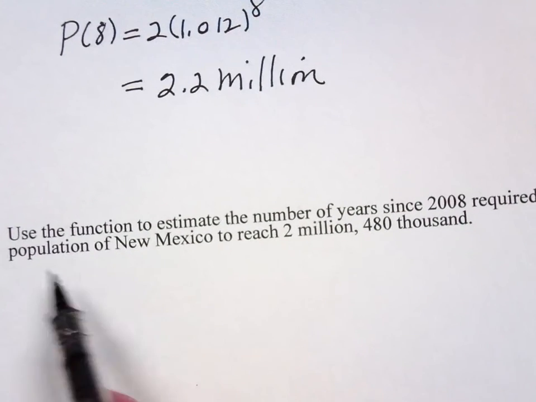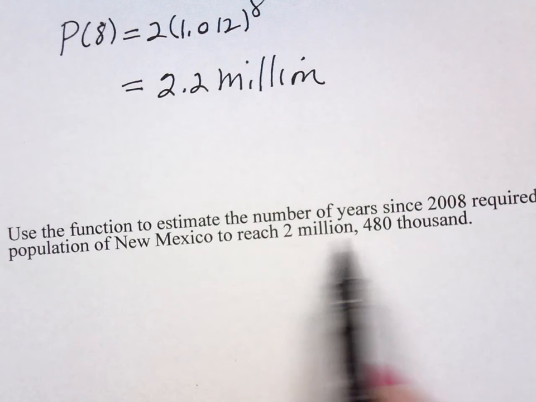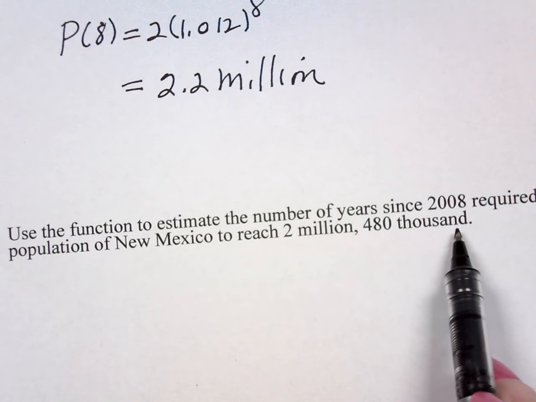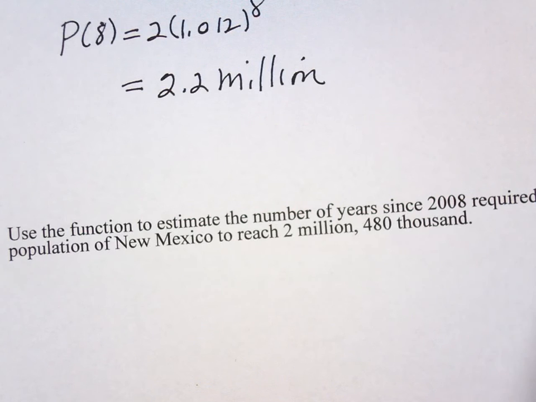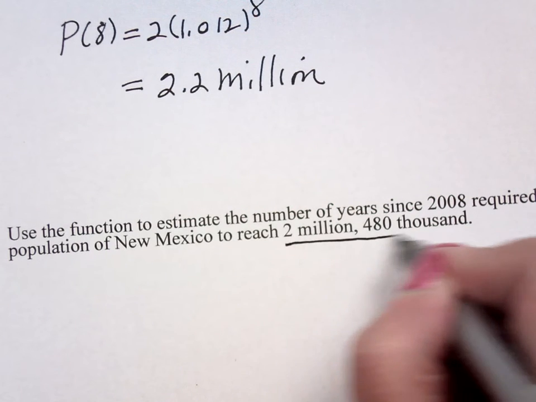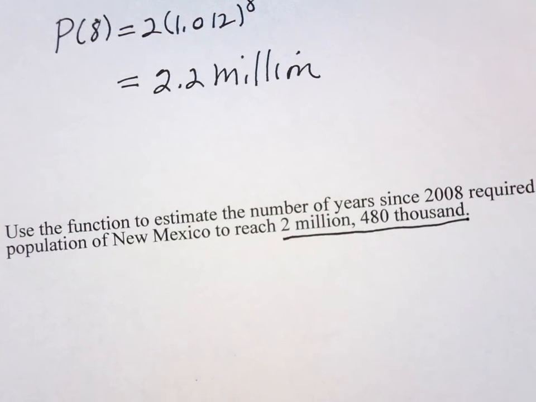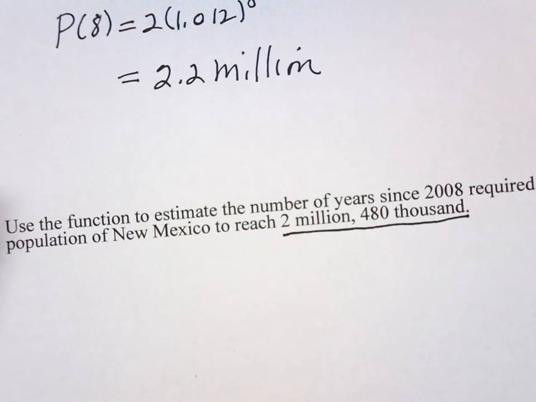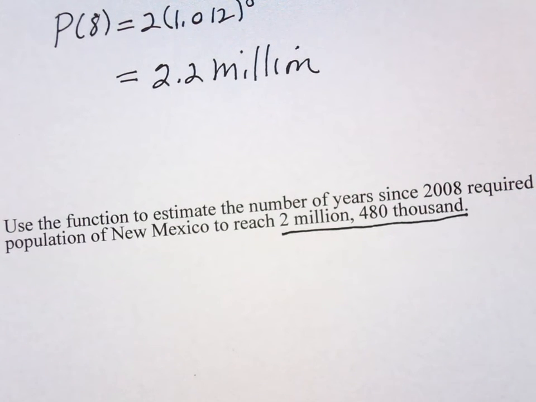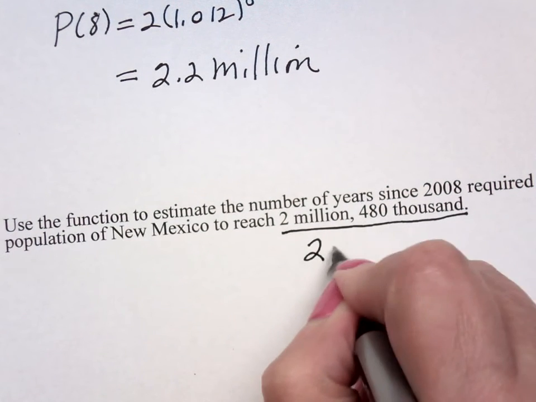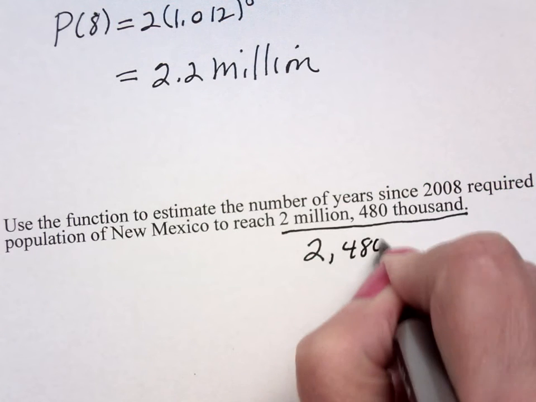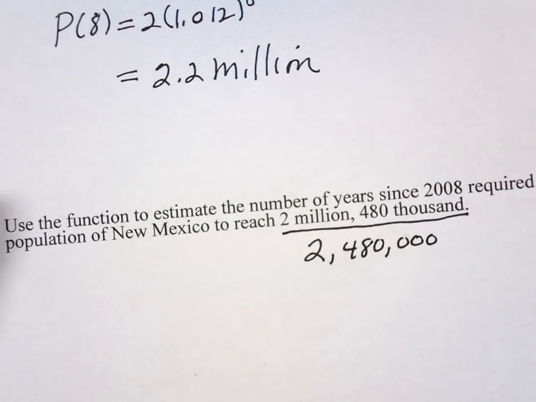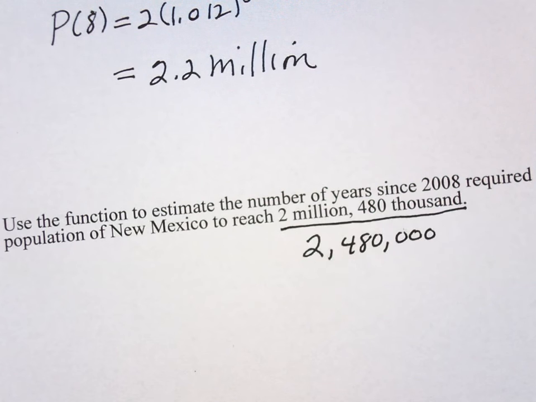So, use the function to estimate the number of years since 2008 required for the population to reach 2,480,000. Now I need to put this in millions. $2,480,000 is what in millions? 2.48.